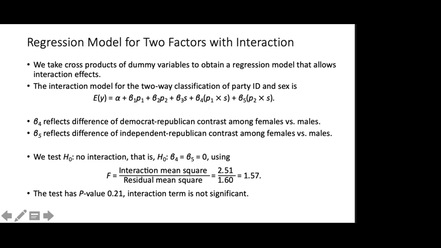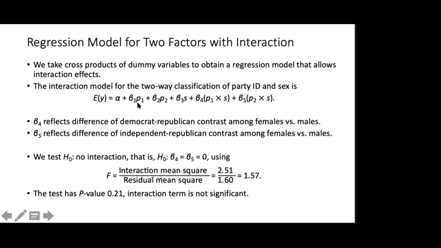But here, because of the way we are coding our categorical predictor, party ID is actually coded by two predictor variables, P1 and P2, and therefore we have two interaction terms rather than only one, right?